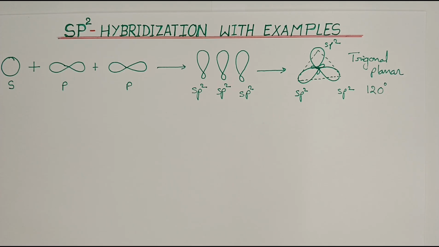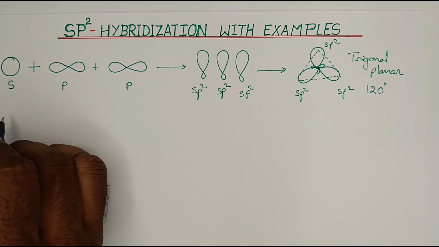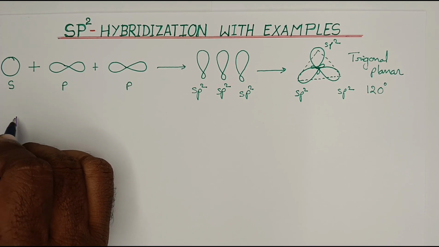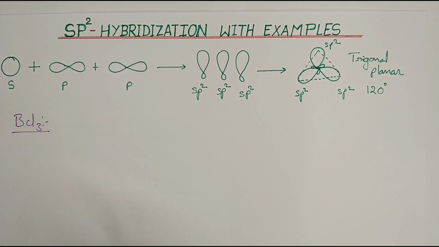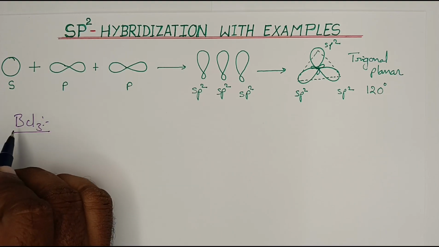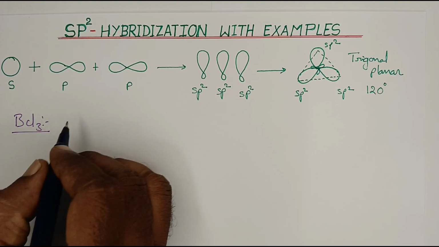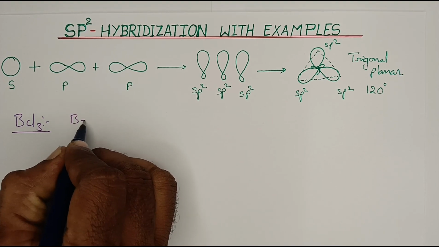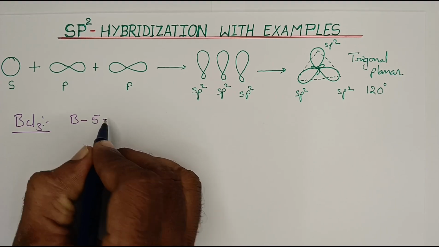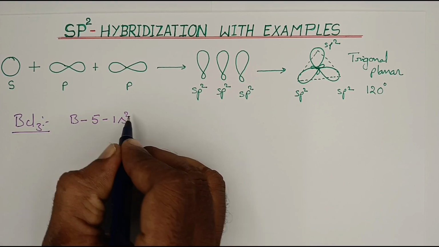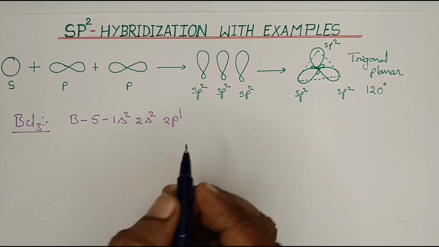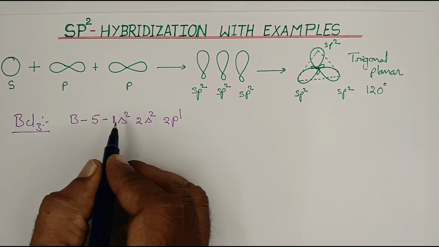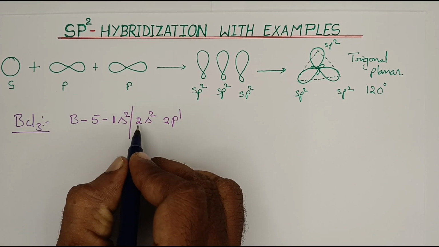So example 1. First example is BCl3, boron trichloride. In boron trichloride, the central atom is boron. Boron atomic number is 5, configuration 1s2, 2s2, 2p1. 1 means this is the first level.